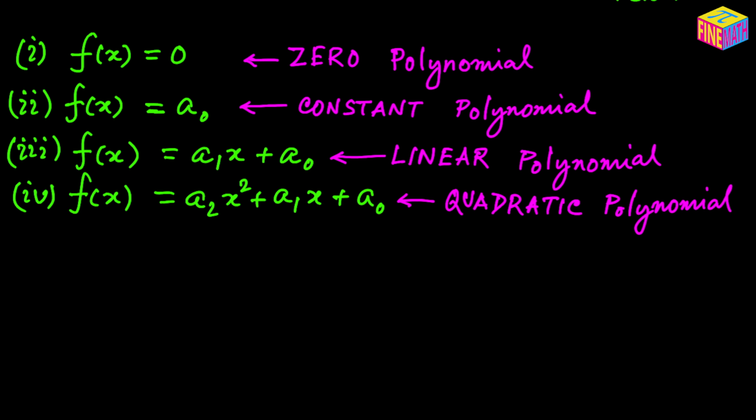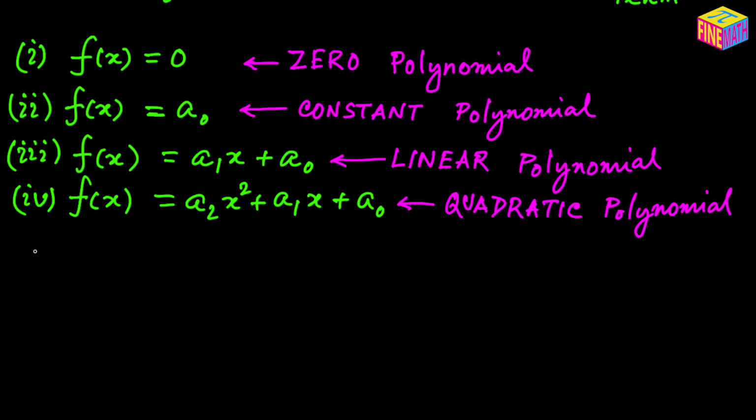Now let's take another scenario where the coefficients are 0 all the way up to a sub 4, right? If the coefficients starting from a sub n all the way to a sub 4 are 0, then all those terms become 0. Then our polynomial function will look like this.